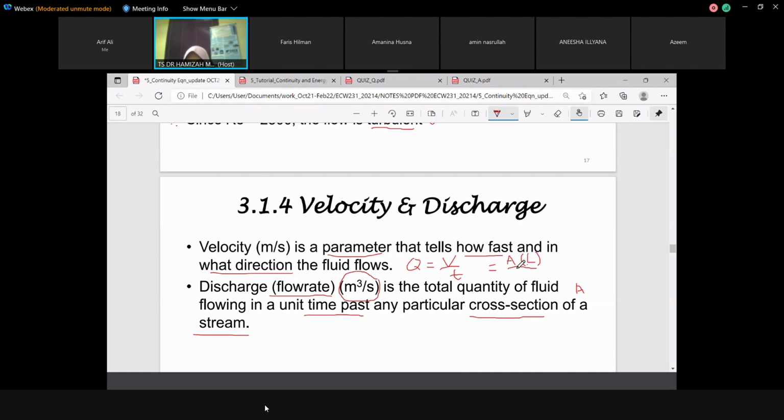So length over time is velocity, right? Length in meter per second. So meter per second is velocity. So that's why another formula for Q is area times velocity. Okay, so in this question regarding velocity and discharge, you have two formulas to find Q, which is volume over time. Or if you don't have time, we use area times velocity.